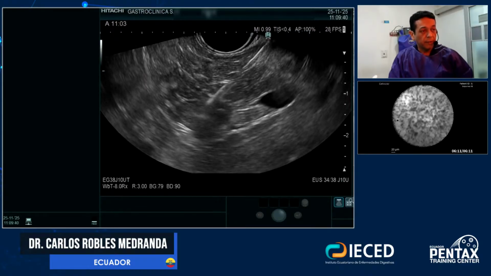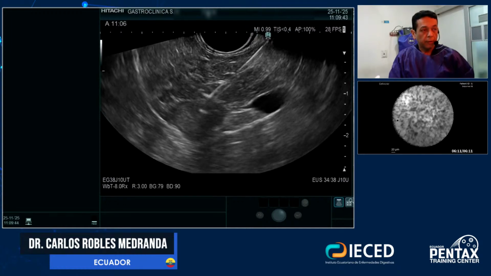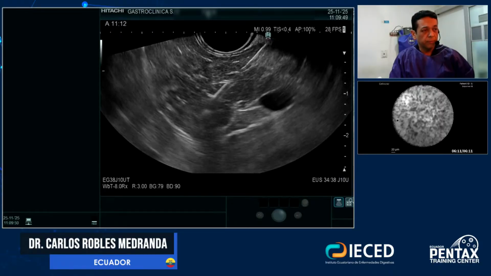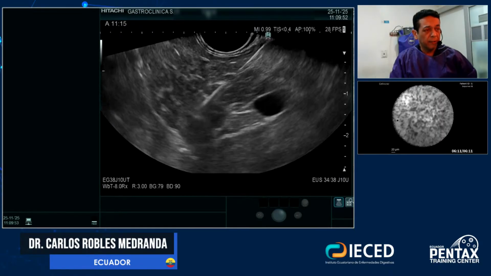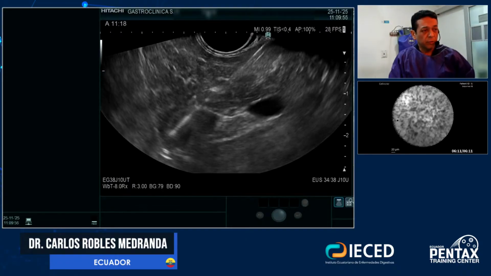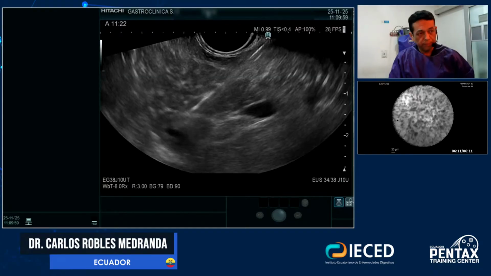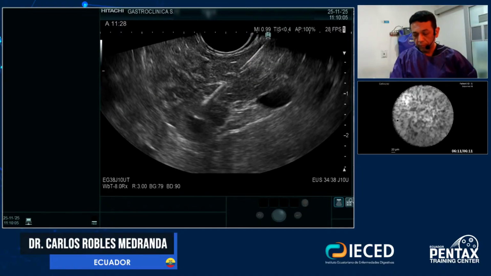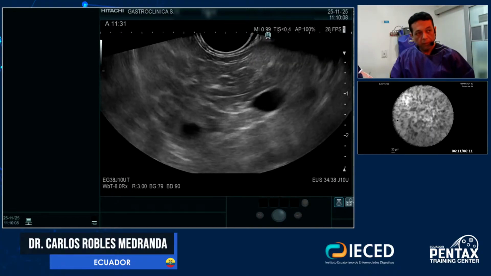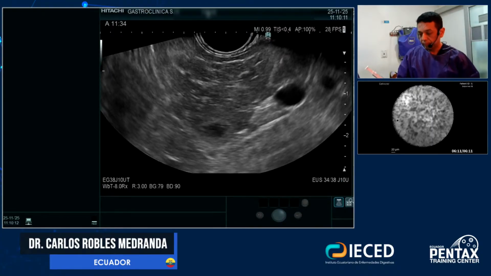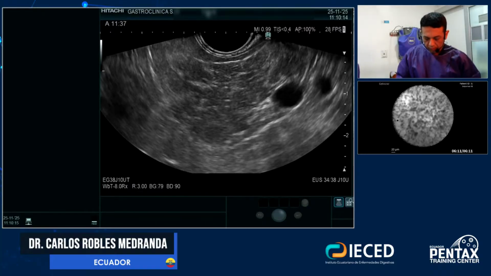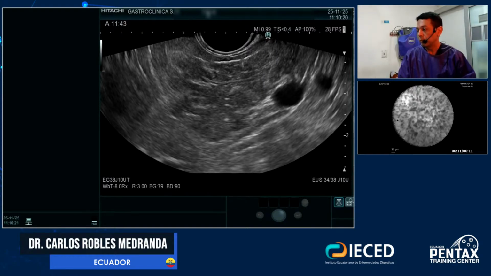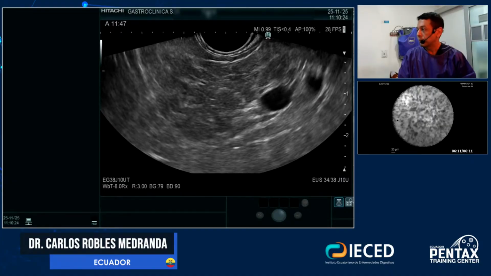I know that this is a very vascular lesion. I believe this could be a serous cystadenoma, but because of the wall size, we need to make a differential diagnosis with other lesions.